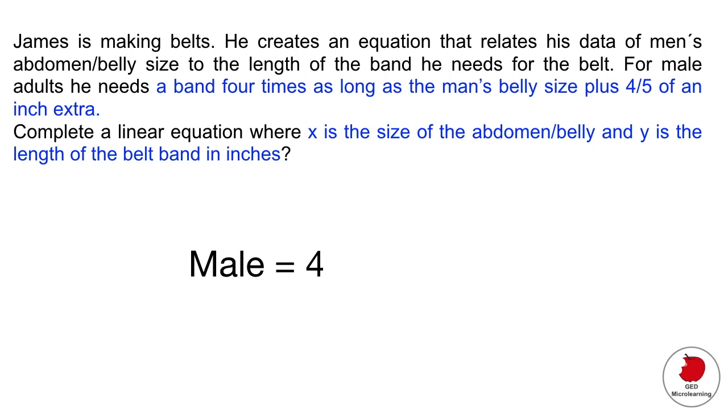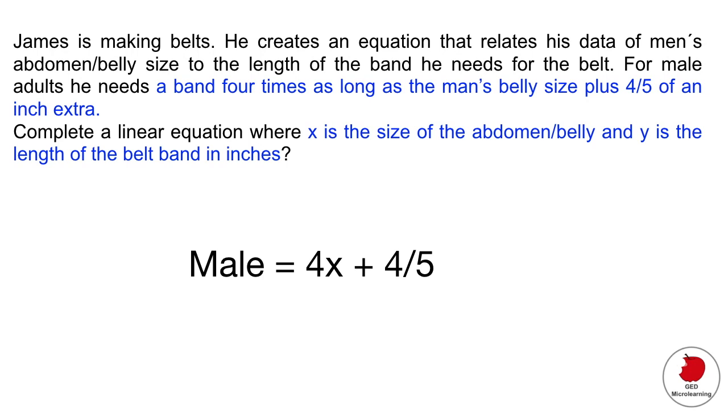So they're telling us that a male belt is going to be 4 times as long as the man's belly, right? So we're going to say that male is going to be 4x, where x represents the belly size, plus 4/5 of an extra inch.